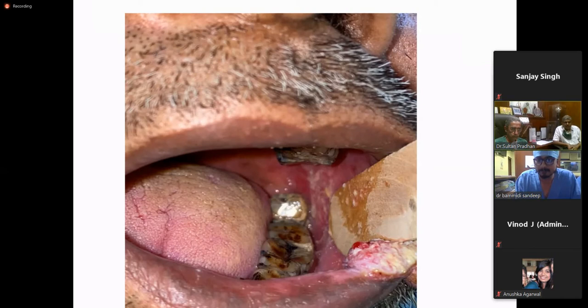You said it's a T3 lesion. You think you can do with the Estlander flap? What will be the disadvantage of the Estlander flap in this case? The competence, sir, oral commissure competence. An Estlander flap may not be possible after you excise it, but any other flap, apart from an Estlander?